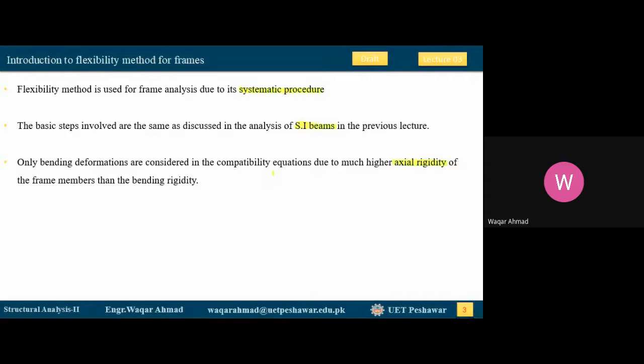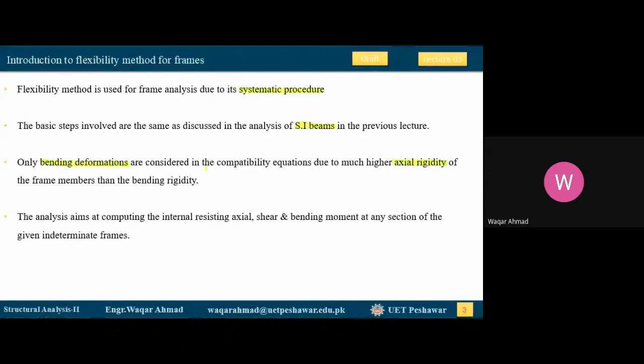Here, the axial deformations are very negligible. Why are they negligible? Because the frame members are very rigid actually. So if we compare the axial deformations of the frame members with the bending deformations, they are so small that we neglect them in our analysis.